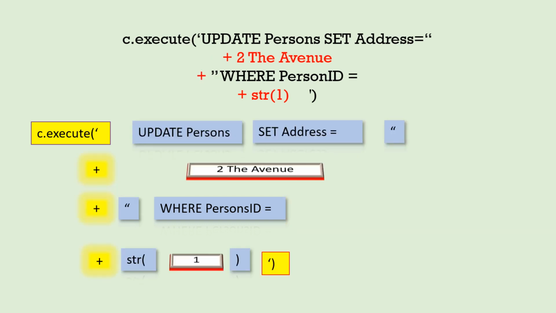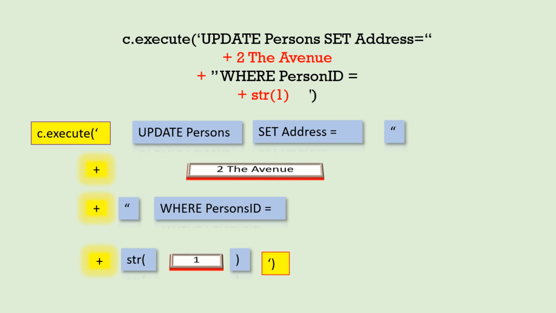So we've got c.execute, then we've got our SQL, that's one string, and then we're going to add the address, then we're going to add more SQL, a string, and then add a number that we've changed to a string. So with our final update, we've got our c.execute, we've got our SQL string plus address plus SQL string plus the string of the ID number.